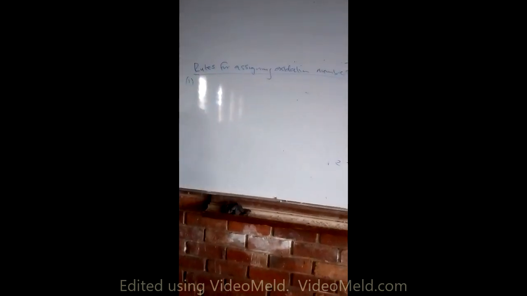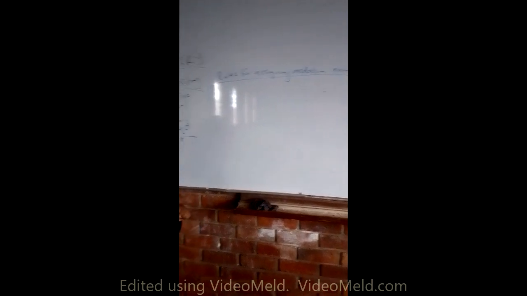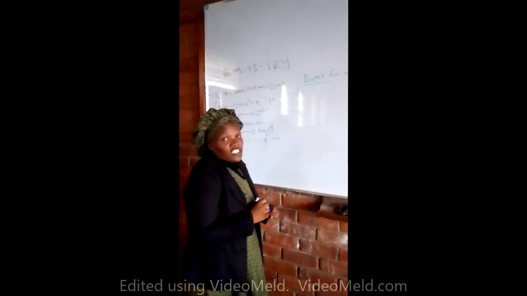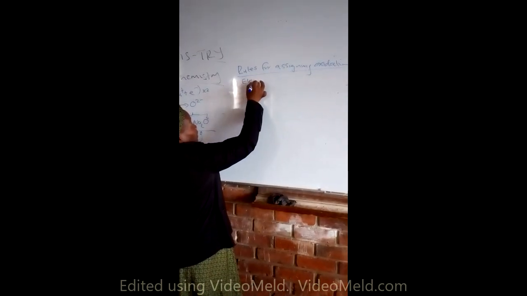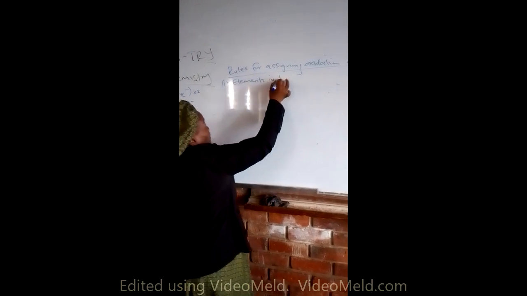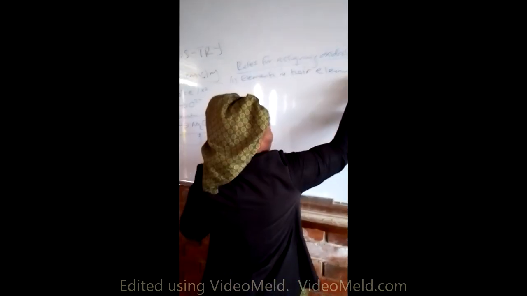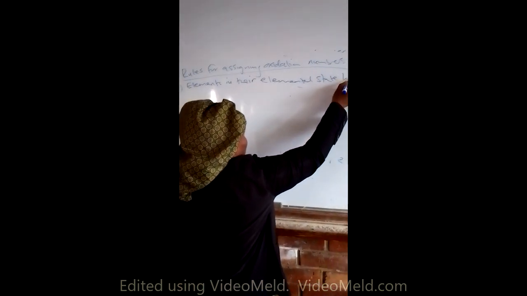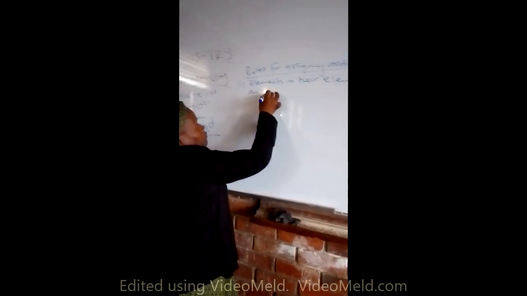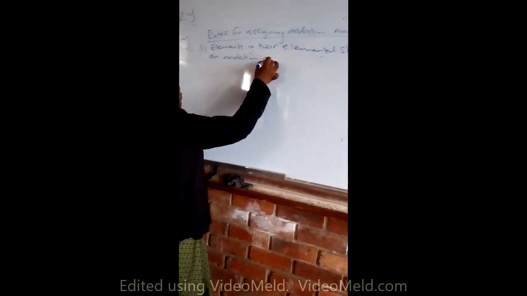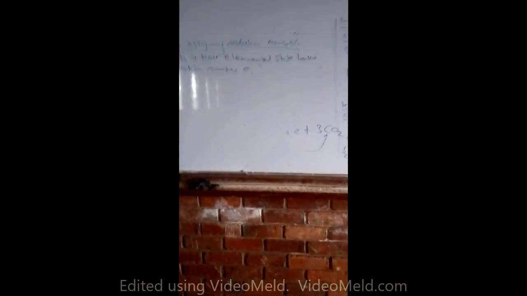All elements, when they are not combined with any other element, have an oxidation number of 0. Atoms in their elemental state have an oxidation number of 0 because they have not yet gained or lost control of electrons.